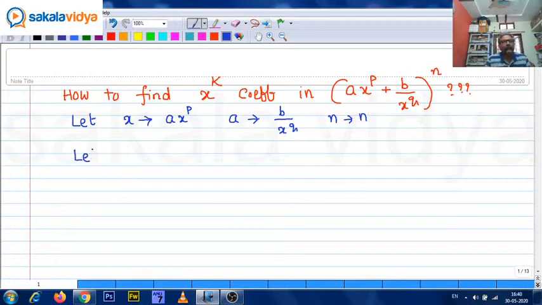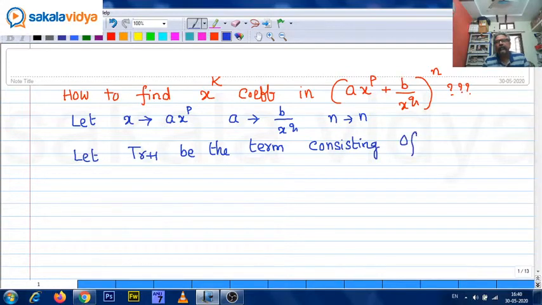Let T(r+1) be the term consisting of the x^k coefficient. First write T(r+1) = nCr x^(n-r) a^r.